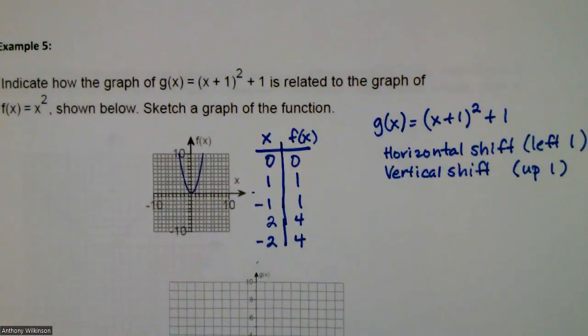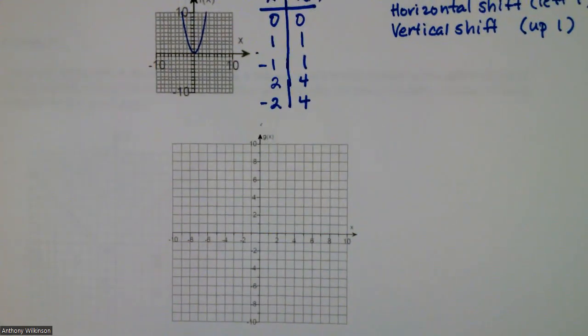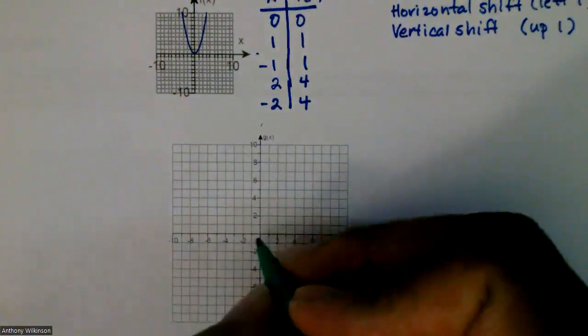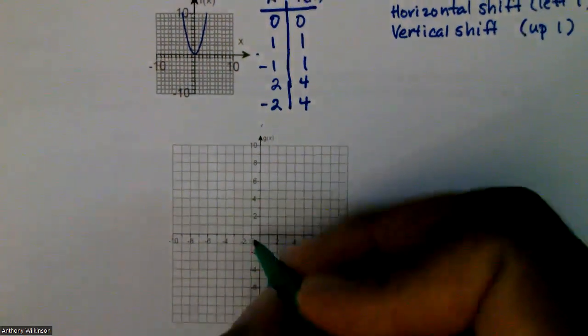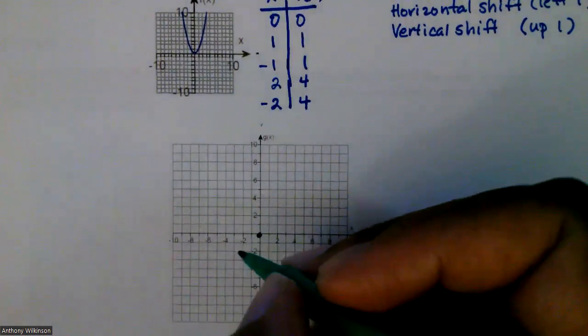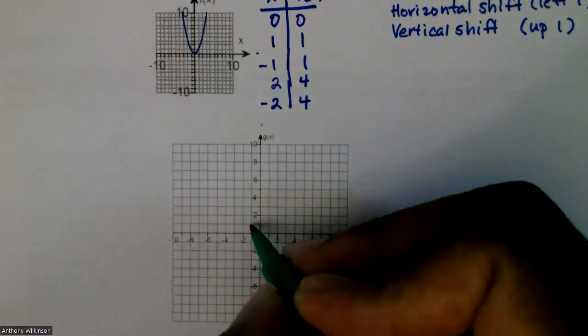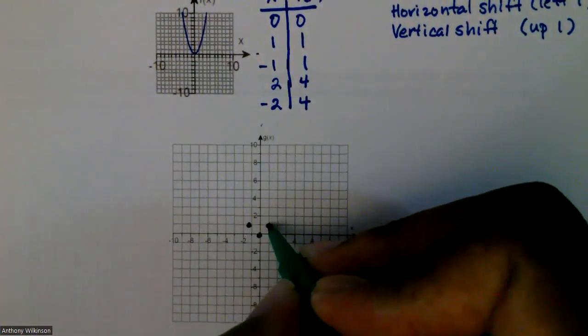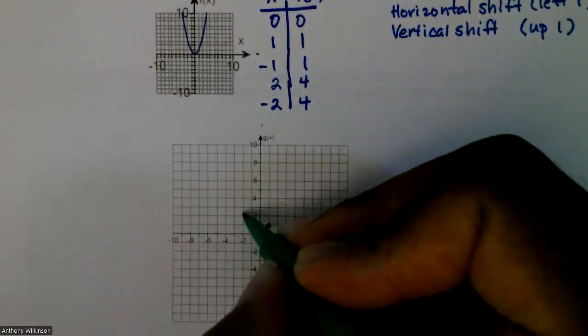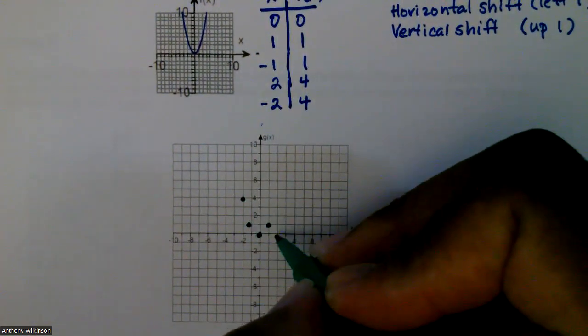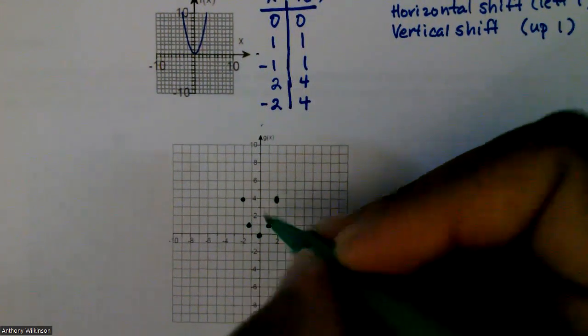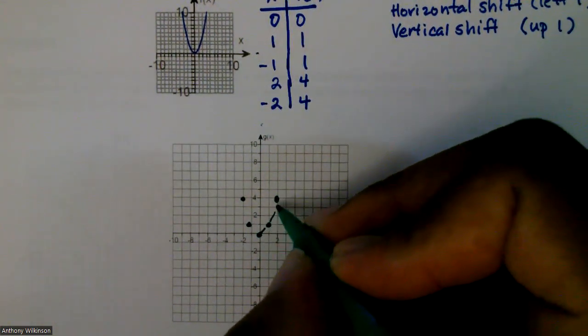All right, so let me bring this down to here. So if the point 0, 0 is going to be here, I'll go ahead and plot the graph of f of x equal to x squared on here. I'm going to draw a dotted line.